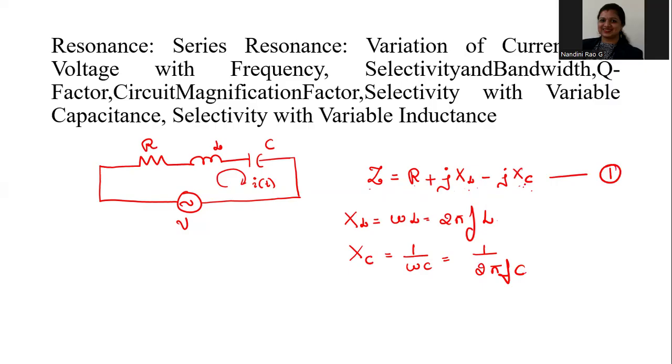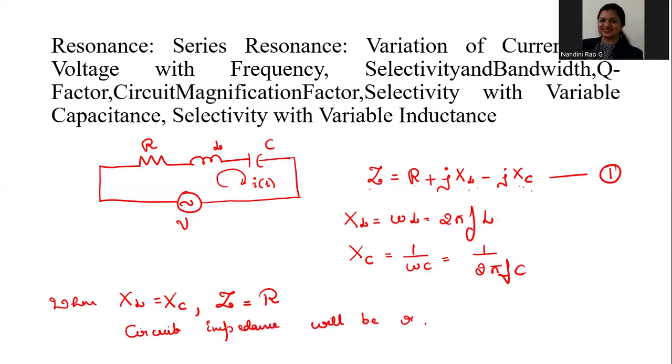This particular point is called as what? Resonant condition. Okay. So please understand. Please write down: when XL is equal to XC, impedance will be R. The whole circuit impedance will be resistive in nature.